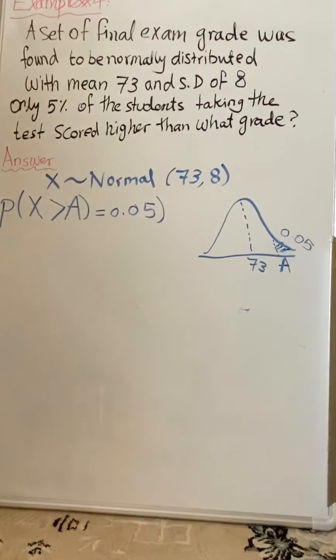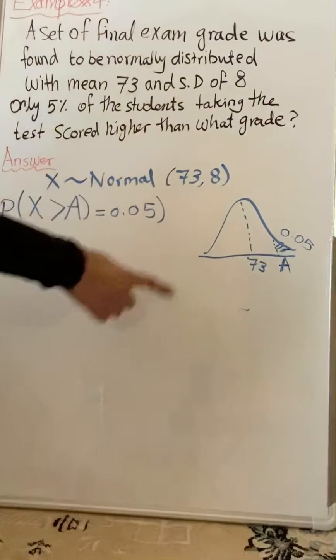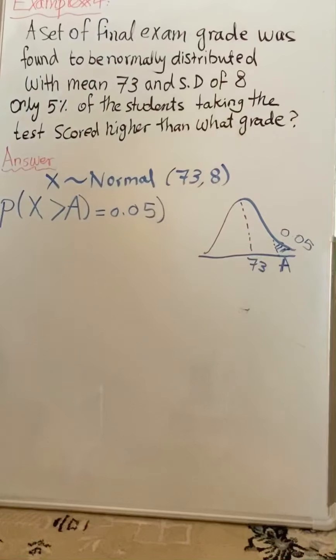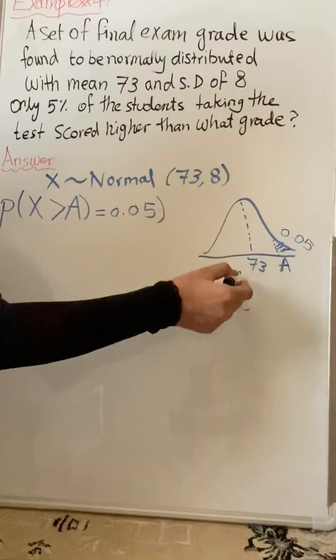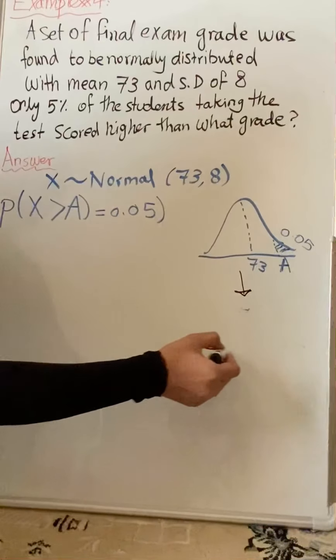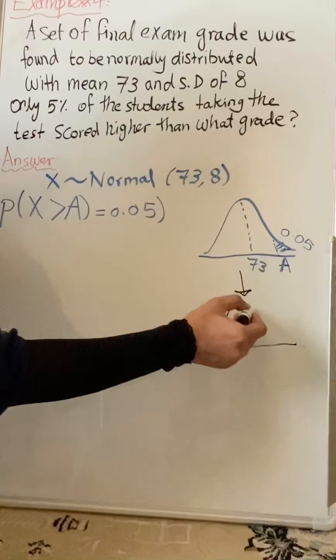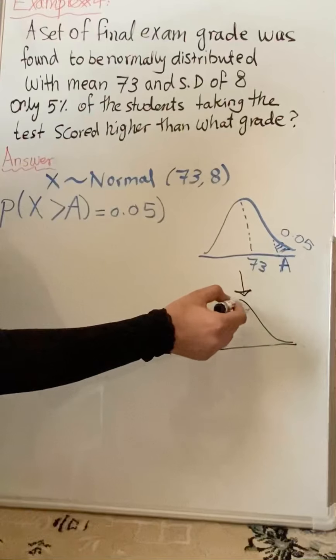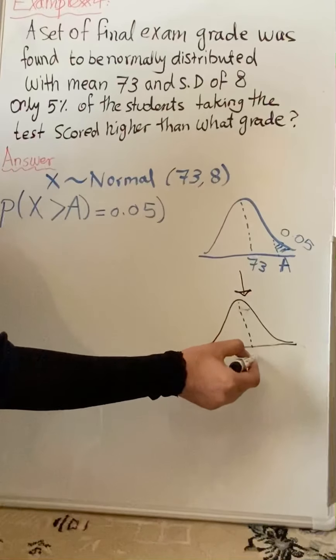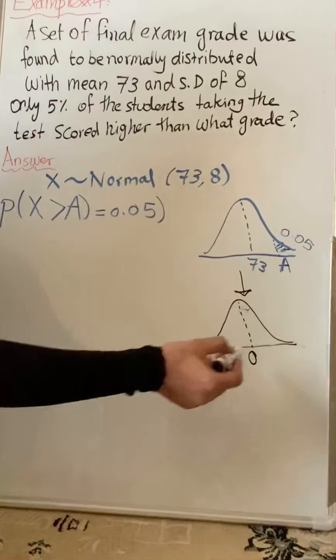What you usually do in solving questions related to normal distribution, you don't deal with a normal curve for X, you deal with a normal curve for Z, the standard normal curve. So we just convert this. We know that we have a standard normal curve for Z, the mean is equal to 0.